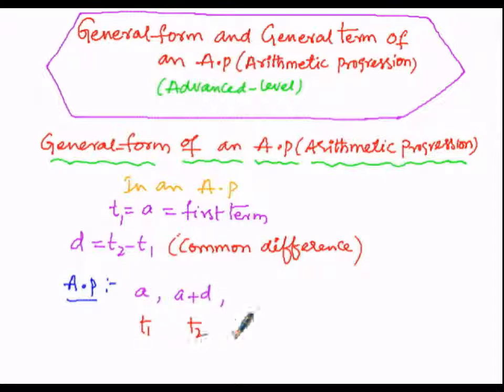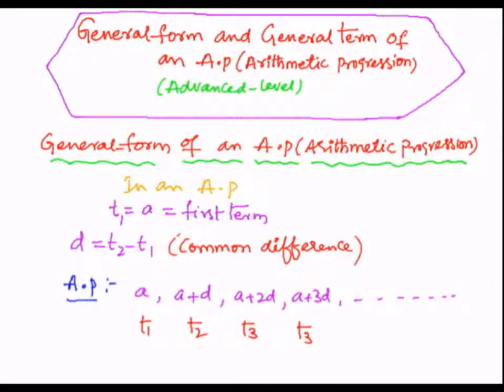Then to get the third term, we have to add one more D to the preceding term, that is T2, A plus D, which gives A plus 2D. For the next term, we add one more D to the preceding term A plus 2D, which gives A plus 3D. In this manner, this is the general form of an arithmetic progression.